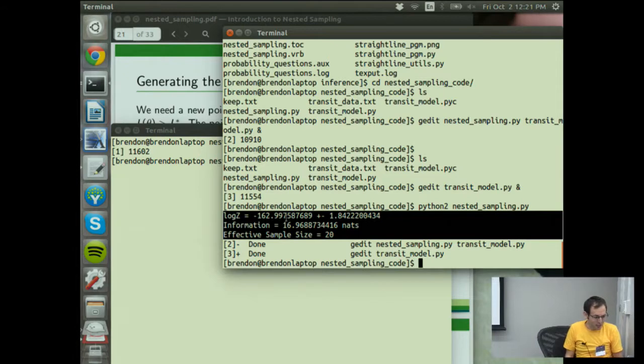One is the log of the marginal likelihood, so it's about -163. So the probability density of the data given the model is about e to the power of -163. But that number on its own doesn't help you very much. What you really need to do is be comparing this to an alternative model, which we might just do a little trivial alternative model quickly.